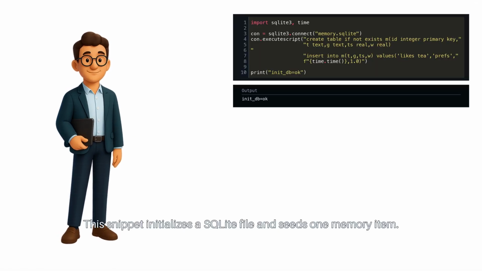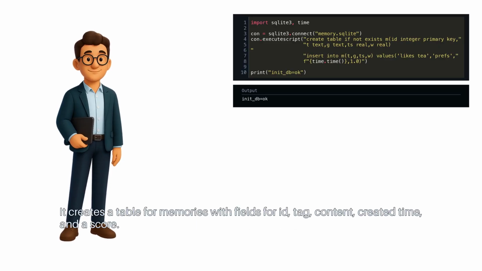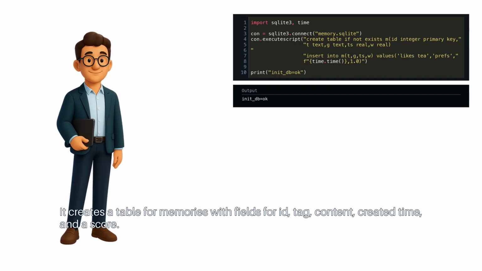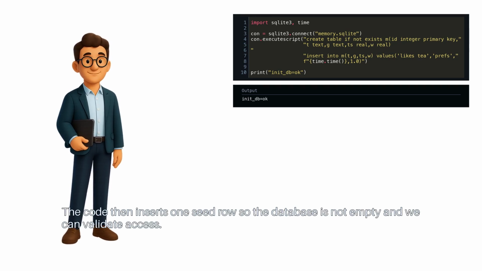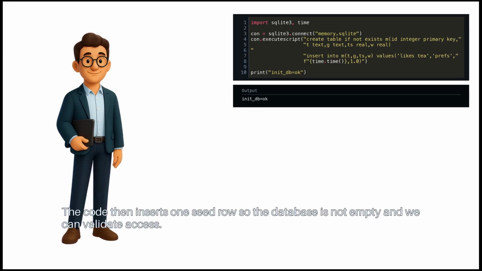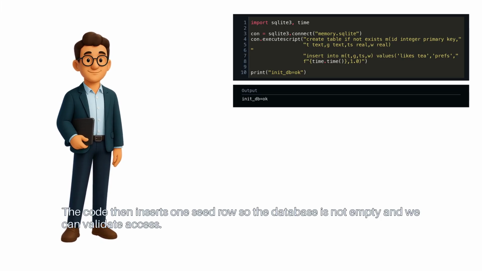This snippet initializes a SQLite file and seeds one memory item. It creates a table for memories with fields for ID, tag, content, created time, and a score. The code then inserts one seed row so the database is not empty, and we can validate access.